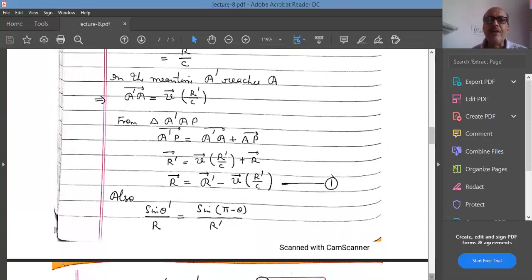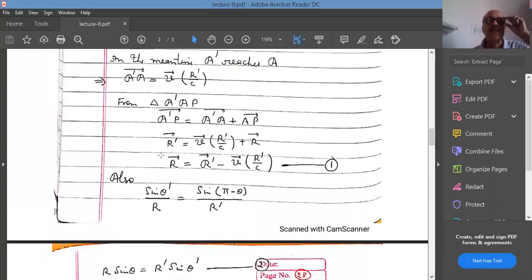So vector R dash is equal to vector R plus velocity vector into R dash upon C. Be careful with the magnitude of R dash and the vector R dash. So if you transfer this onto this side, the R vector becomes equal to R dash vector minus the velocity vector multiplied by R dash over C, and the other, sine theta dash upon R is equal to sine of pi minus theta upon R dash.